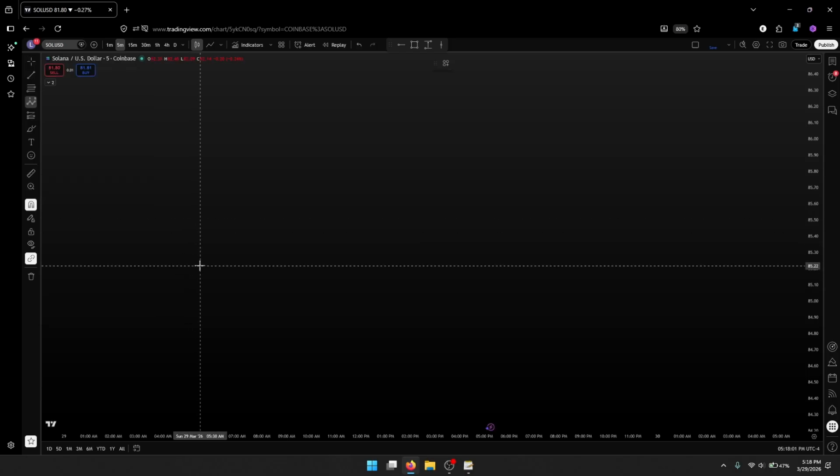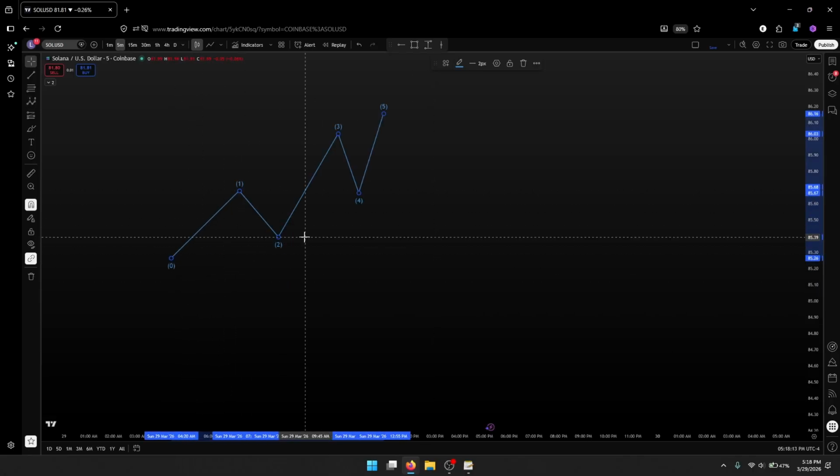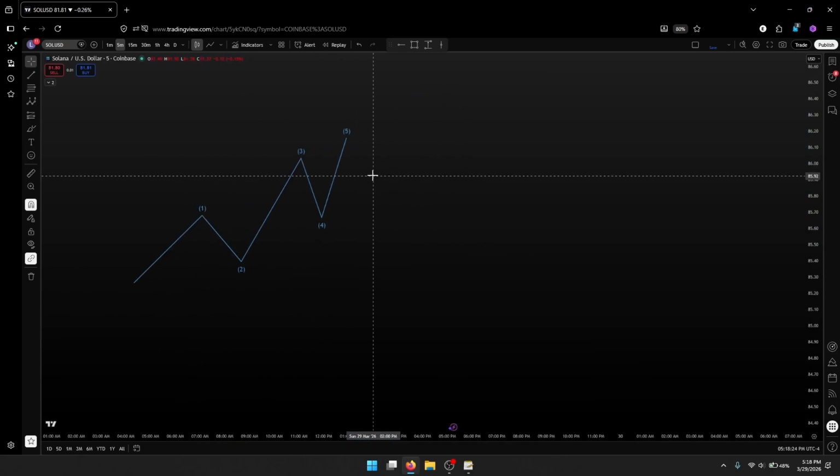So for starters, there's three types of trends in the market. Well, it's really two that matter most, but there's three that are mostly talked about. We have an uptrend, where it's higher highs and higher lows, and the market is going up.